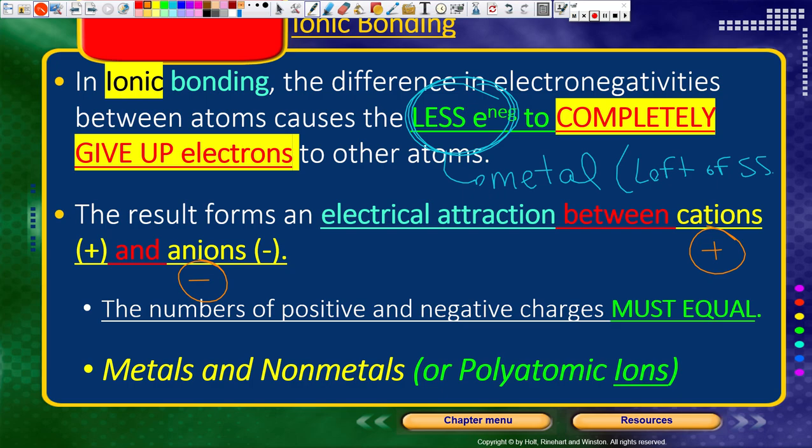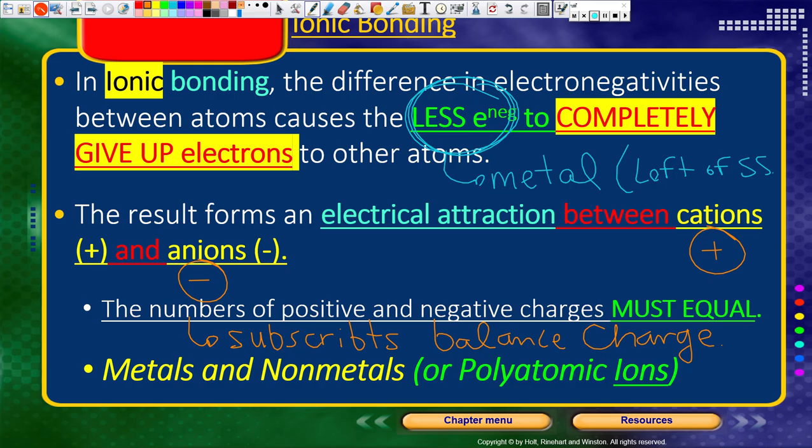Now, I'm going to add some depth to yesterday. That little small first bullet may not mean a lot, but here's what it means. The number of positive and negative charges must what? In a chemical formula, how is that achieved? The subscripts. The subscripts balance the charge.